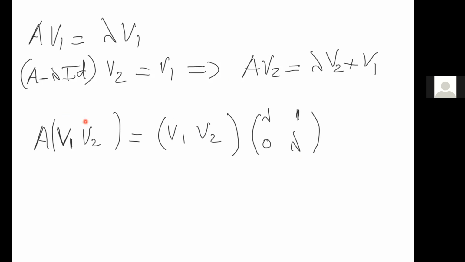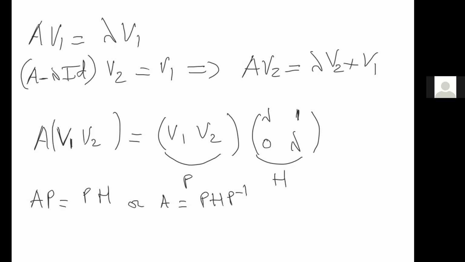All right. So as usual, I call this matrix P, and this one H. I get that AP equals PH, or A equals PHP minus 1.